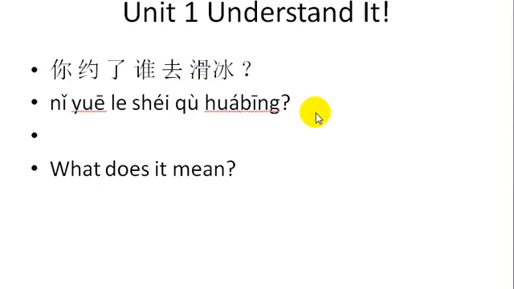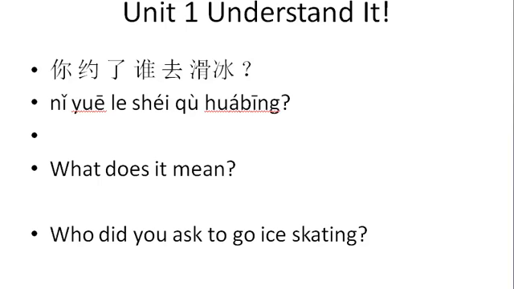Now you should be able to sort this out. You have everything there. So why don't you pause and try and write down what you think this means. 你约了谁去滑冰? Hopefully you came up with something close to, who did you ask to go ice skating?